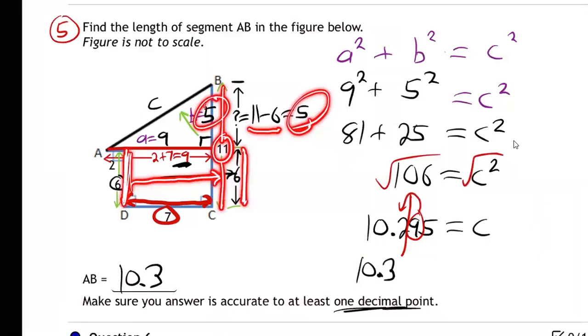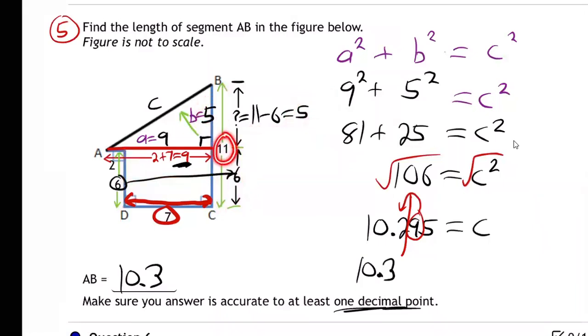Everybody see that? 11 is the whole right side, and 6 is the bottom part, for my numbers anyway. So the whole right side minus the bottom part gives you the top part. I had this bottom of the triangle, and then I could do the Pythagorean theorem with those. And that's how it works.